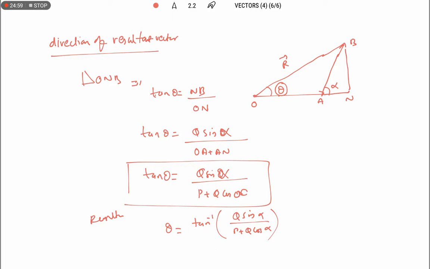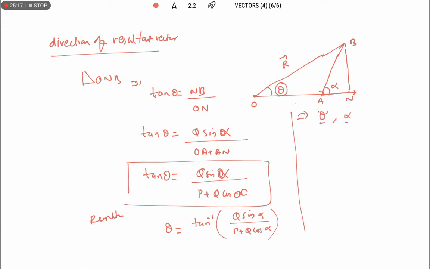In some textbooks they are using a general notation, they are taking the angle between the vectors A bar, that means OA and AB, as theta, and the resultant angle as alpha.